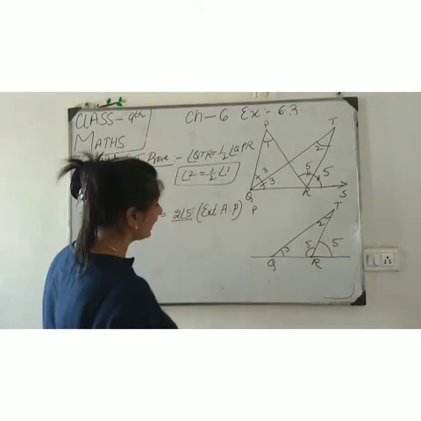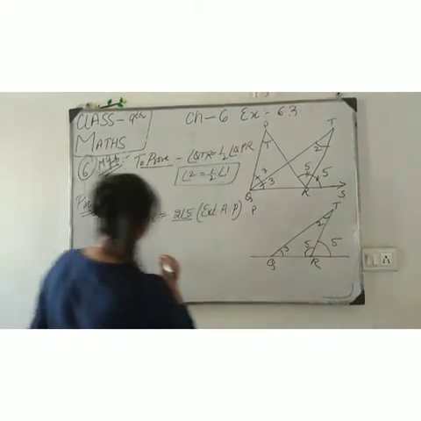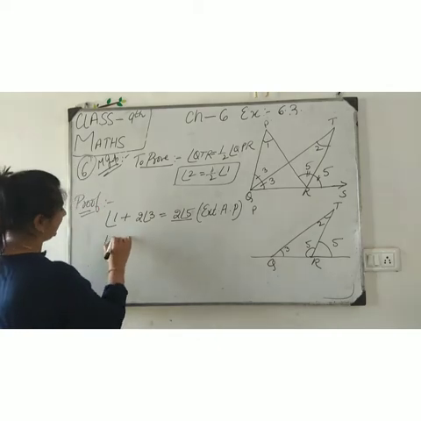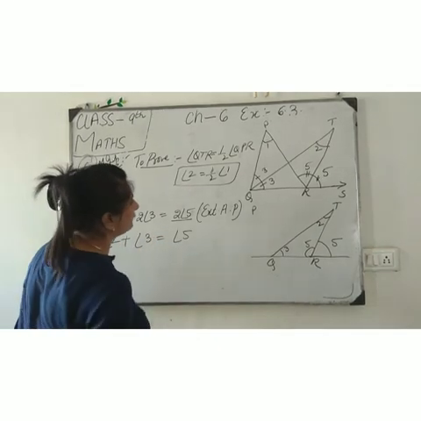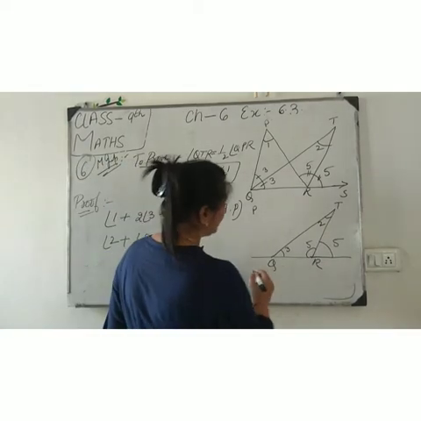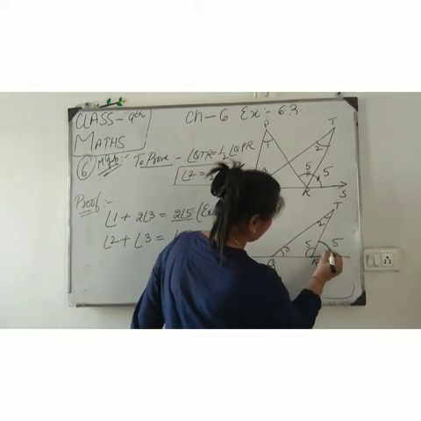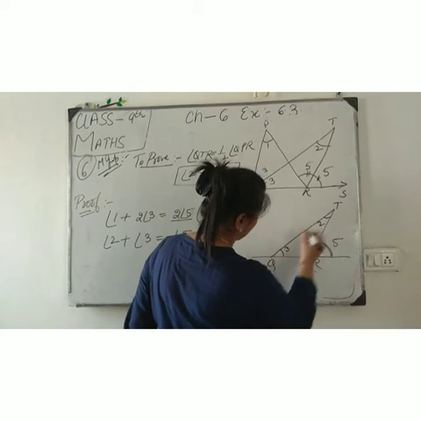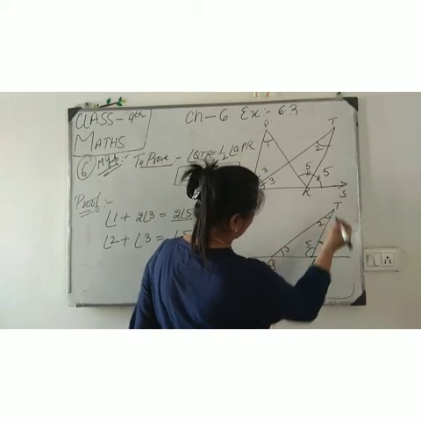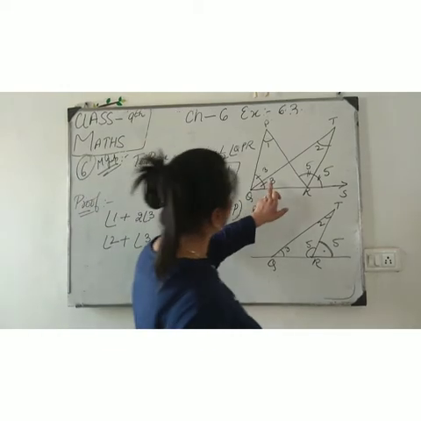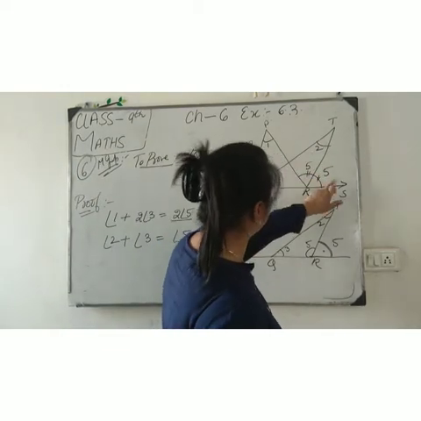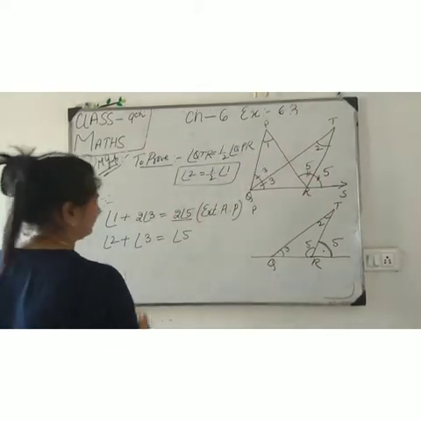Clear? Now, again I use exterior angle property, angle 2 plus angle 3 equal to angle 5. Clear? Here is angle 5, the exterior angle. Two interior angles equal to the exterior angle. So, angle 3 plus angle 2 equal to angle 5.